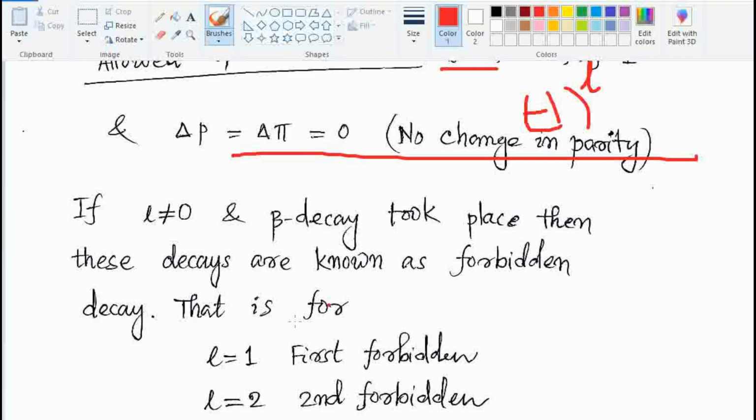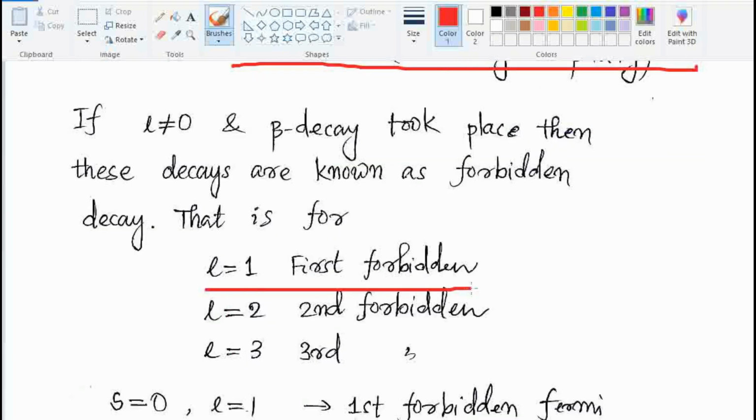So for L equal to 1, this is the first forbidden. Remember that the reaction with L equal to 0 has a higher probability. We can say it is 100 times more probable than an L equal to 1 reaction.